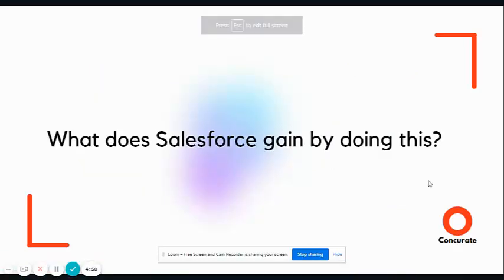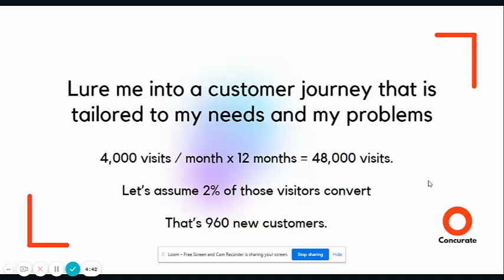So, what does Salesforce gain by showing the same product to multiple audiences? One, if I am a customer, Salesforce lures me into an entire customer journey that is tailored to my needs and my problems.